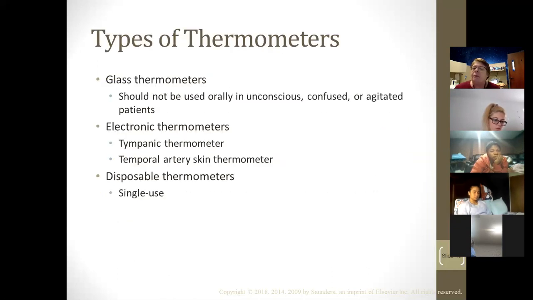So we have glass thermometers, we have electronic thermometers, we have disposable thermometers, all of which you're going to see in your practice. Usually the glass thermometers will be in home care, all right? The rest of them will be in your practice, okay?